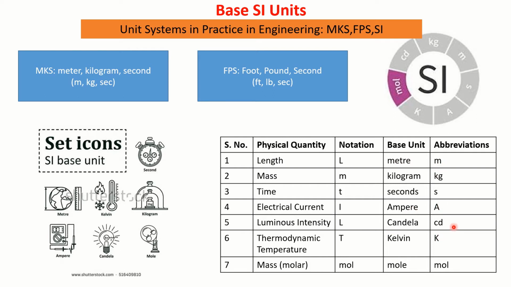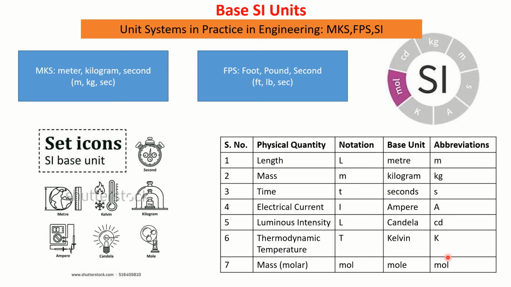Both c and d are small letters. Thermodynamic temperature, the base unit is Kelvin, abbreviated as K. Molar mass, base unit is mole, abbreviated as mol. So these are basically the 7 base units.